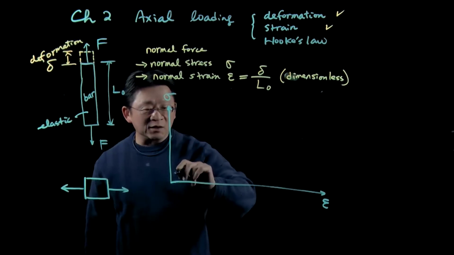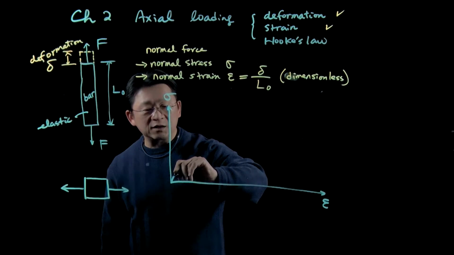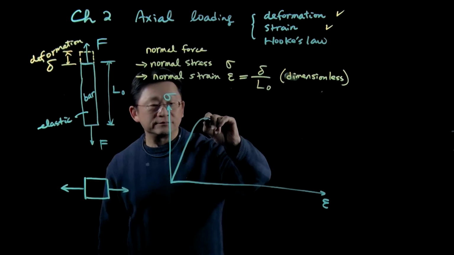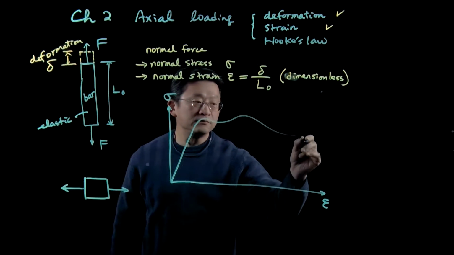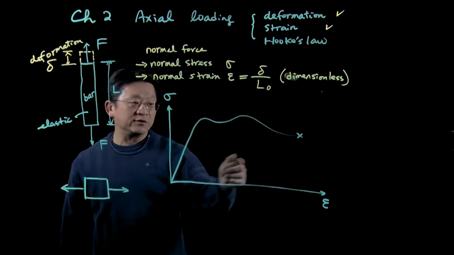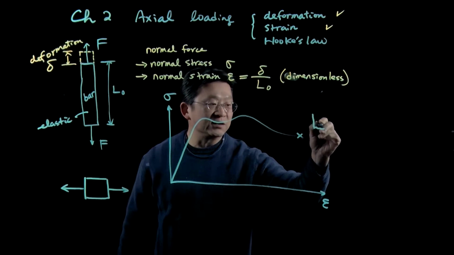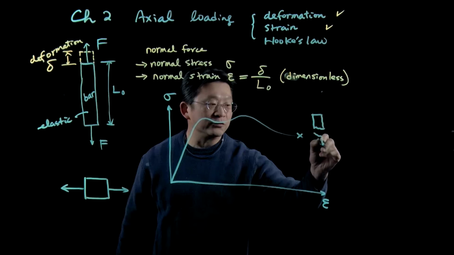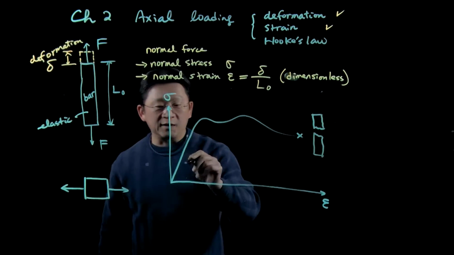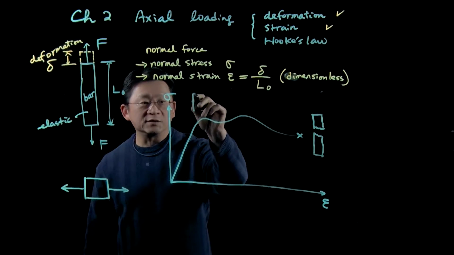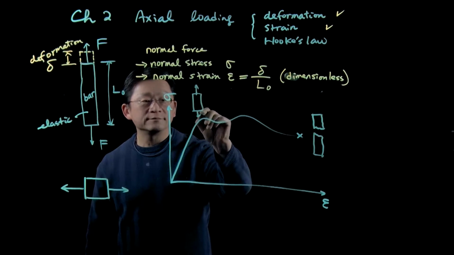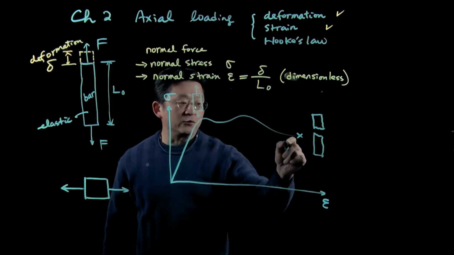In reality, you will see in the testing that the curve looks like this until it breaks. At this point, the material breaks into two parts. We call this the rupture.